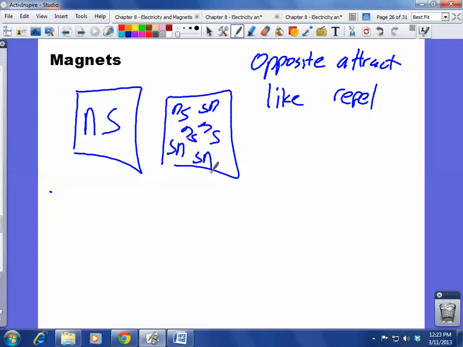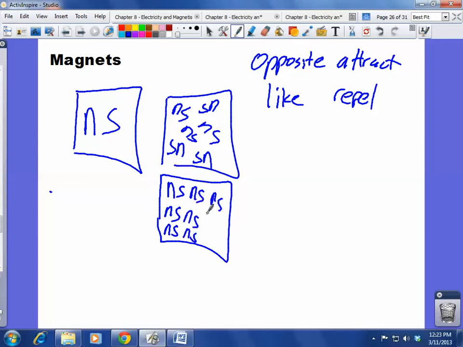So what do you think happens when I stick this magnet next to all these tiny magnets? They all line up. So now I have all these norths that want to be near the south, and all those south parts that want to be near the north. So I've made a magnet with another magnet.